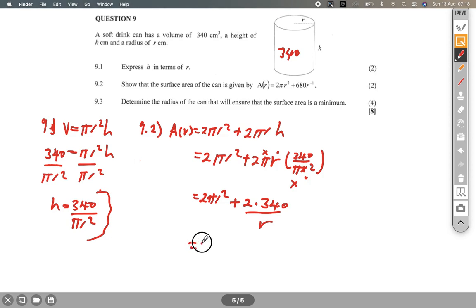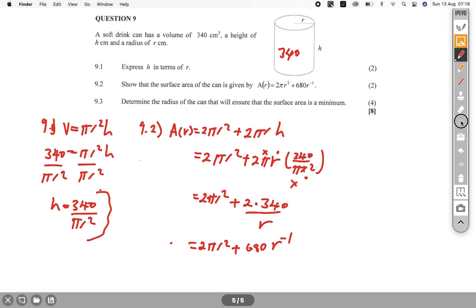So this would be 2 pi r squared plus 680, and then if you bring the r on top, it must change signs. So this is what you have.